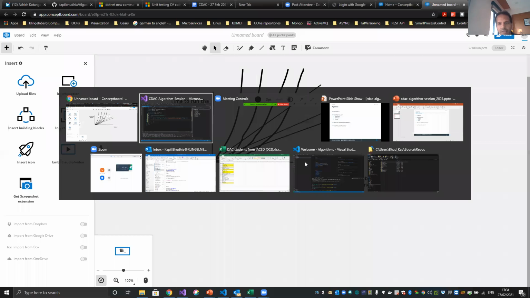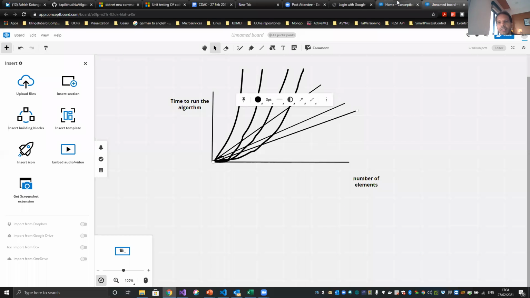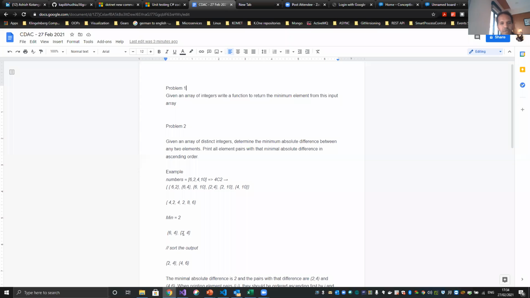Now let's look at what we worked out here. We said there were 4 elements, right? And from these 4 elements, how many pairs did we create? We created 4C2 pairs.